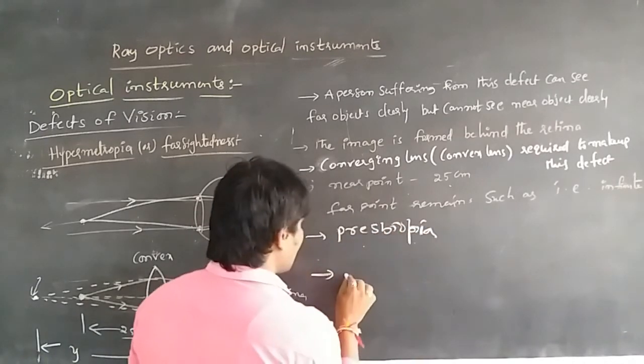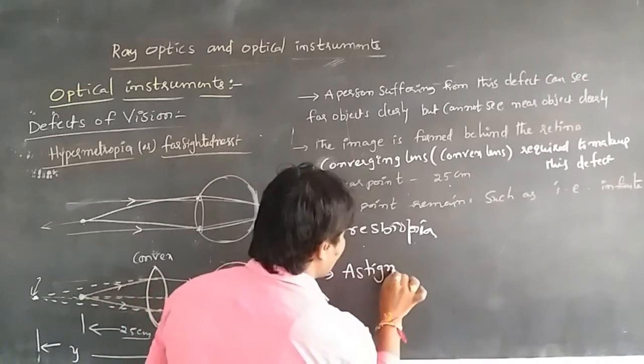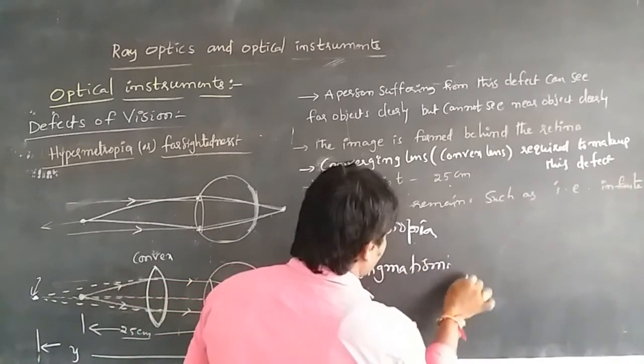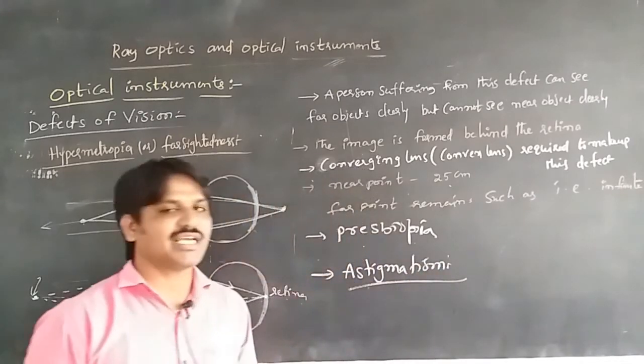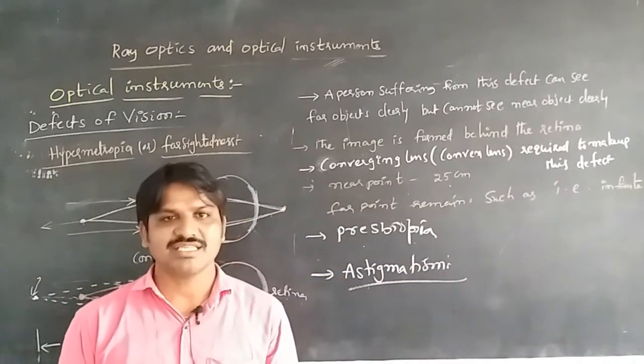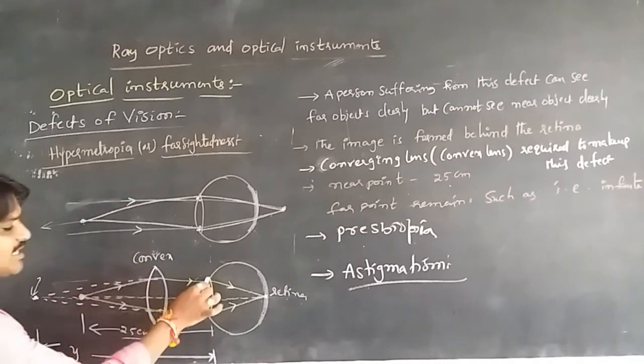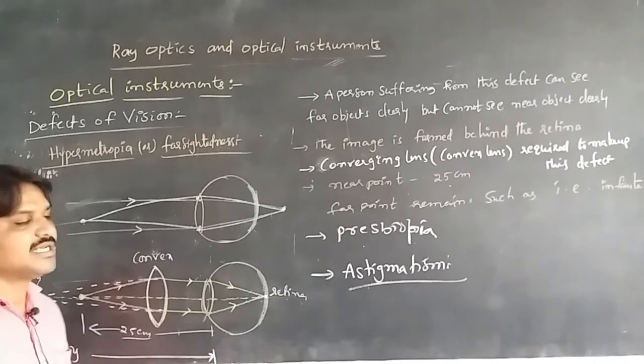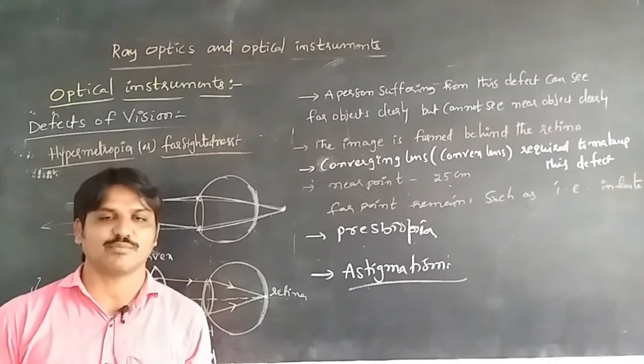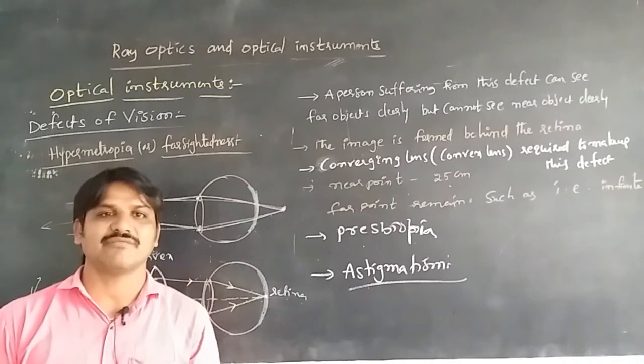Another one is astigmatism. Astigmatism is another type of defect of the eye. It is corrected by using cylindrical lenses. In this defect, the eye lens has different curvatures along different planes, so that eye can't see every object clearly.